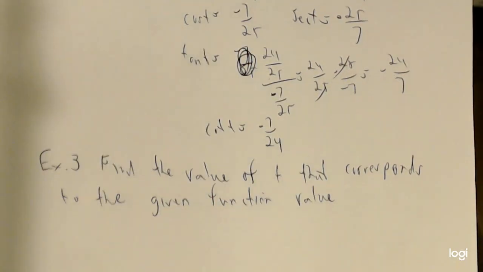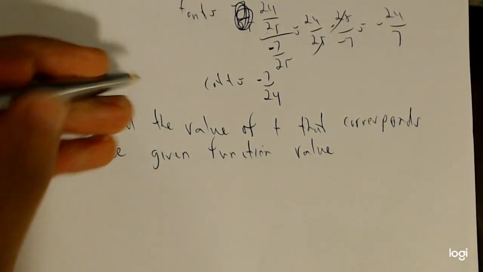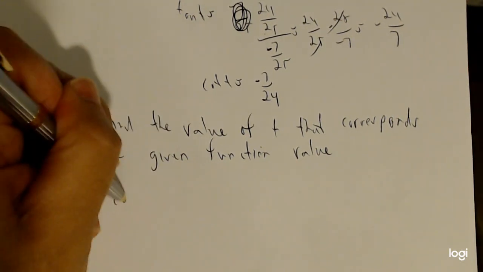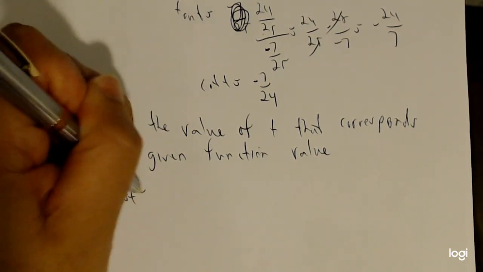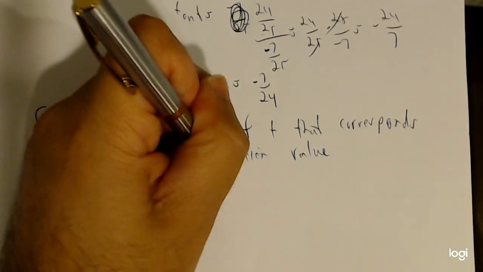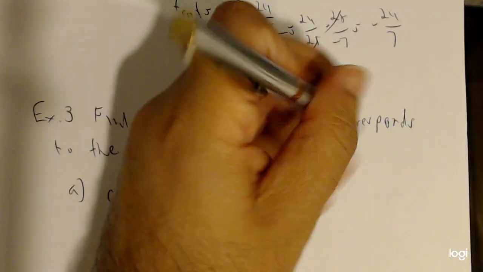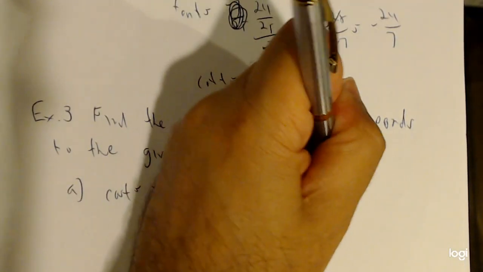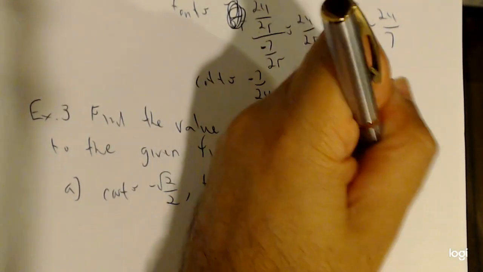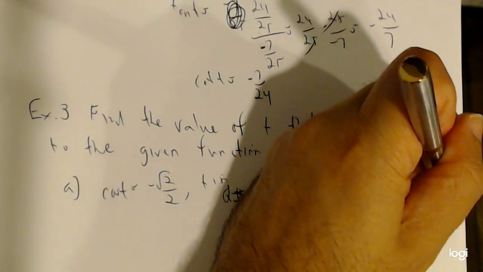So now we're going to be given the exact value and we're asked to find the angle. For a, cosine of t is negative rad 2 over 2, and t is in quadrant 2. And then for b, tangent of t is rad 3, where t is in quadrant 3.